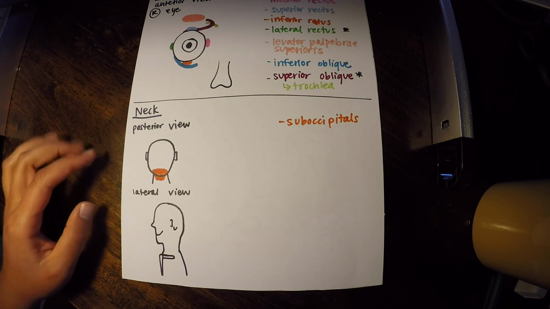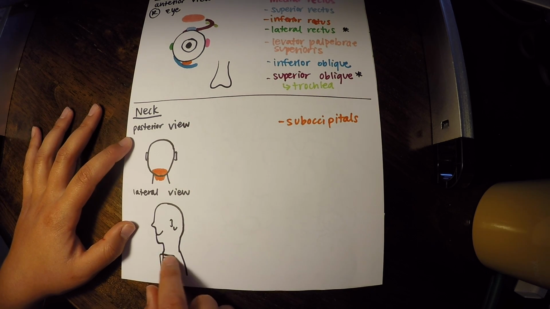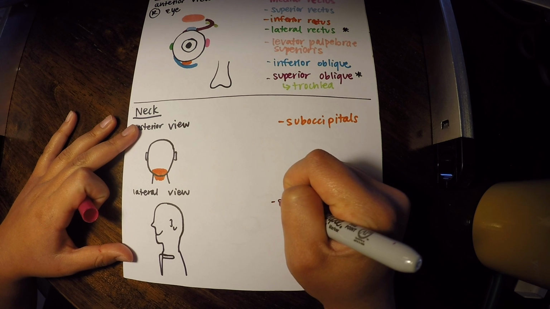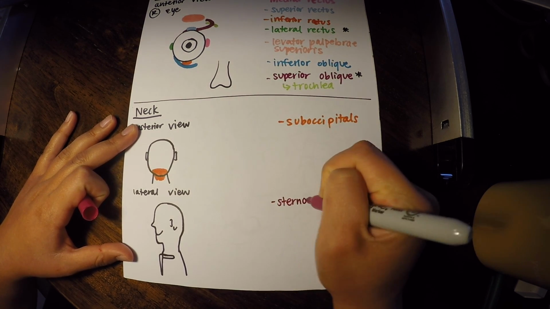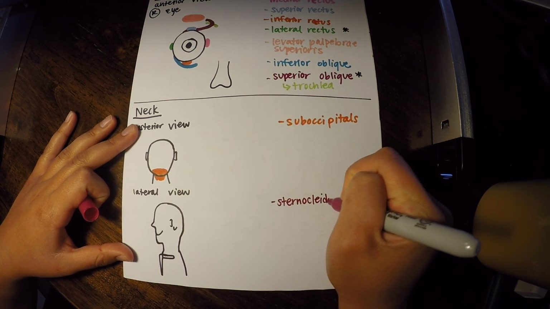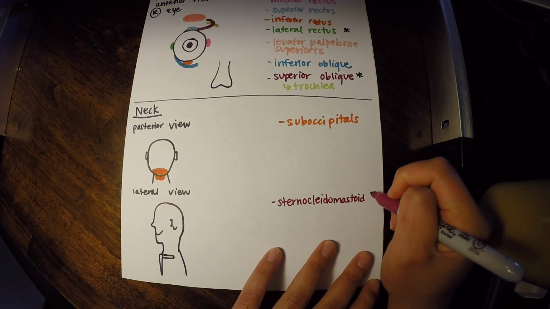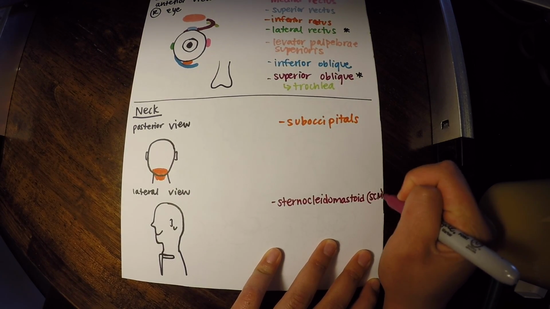Now the reason I drew that and the reason why I drew the clavicle and the sternum here is because we have a muscle called sternocleidomastoid. Let me write that out for us because it's a little bit tricky. Sternocleidomastoid, often abbreviated as SCM.